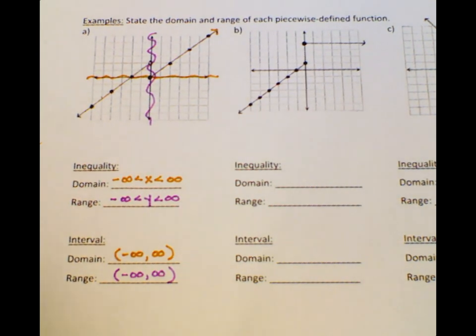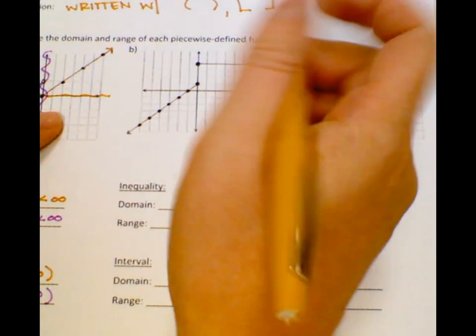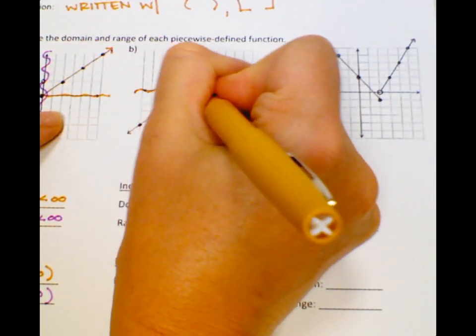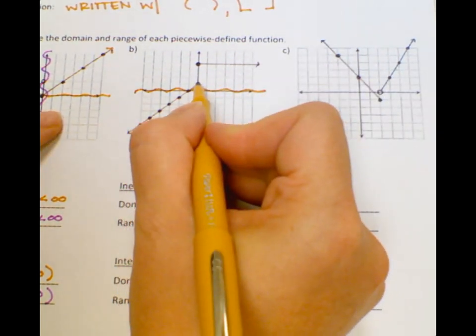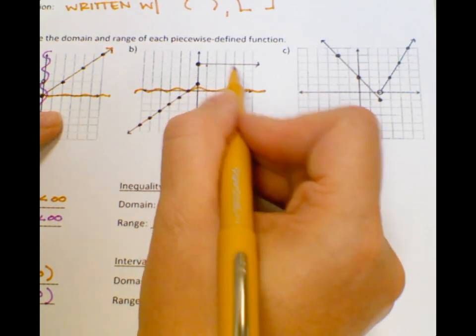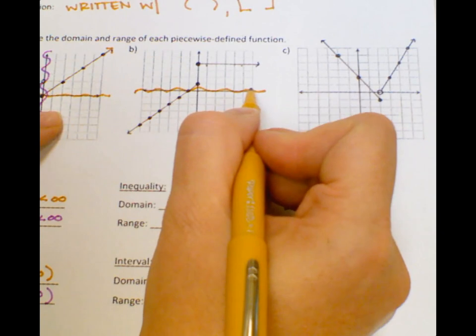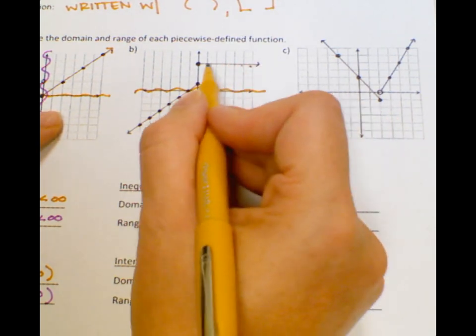All right, let's just try another one because, again, practice is what's going to make perfect. Okay, so let's go over to this one now. I'm just going to highlight my domain, which is my x's, and let's see what happens. I'm going to do the positive first. So 0 is on the graph. That guy's on the graph, on it, on it, on it. So all the positive side has this graph right here.